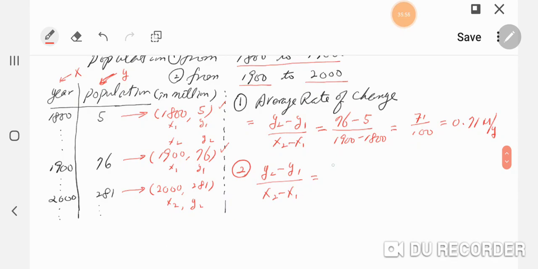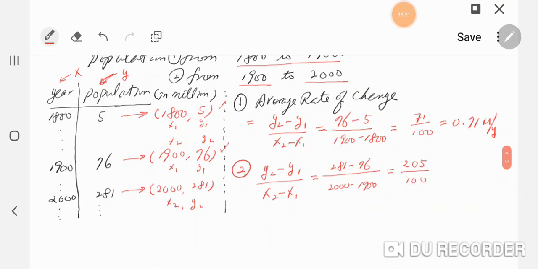So y2 is 281 minus 76 over 2000 minus 1900. The numerator is the population. So 281 minus 76 is 205, right? 205 over the bottom, which is 100.